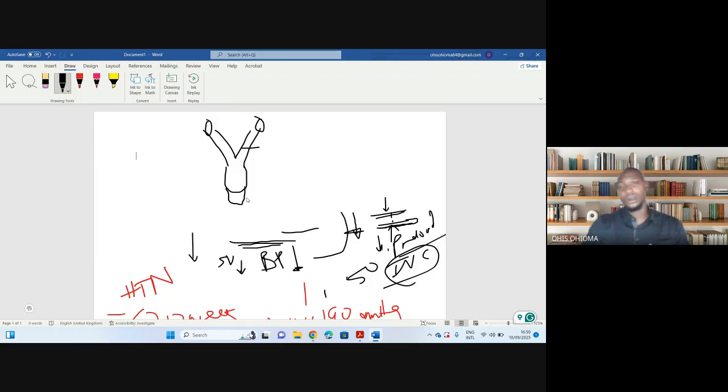So it forms this upper part here. Now, another structure known as the urogenital sinus comes and forms the lower part.